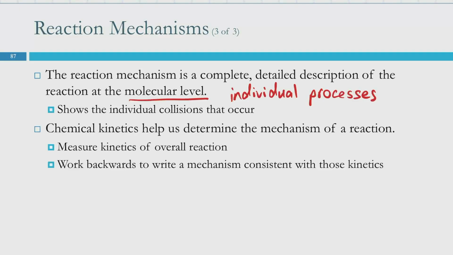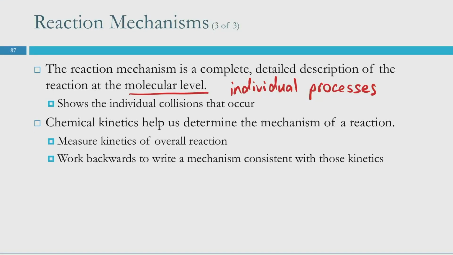And kinetics can help us determine the mechanism of the reaction. For example, we might measure the kinetics of the overall reaction. That can give us some help. And once we have that overall reaction kinetics figured out, we can start to play around with some ideas about how we might write a mechanism that's consistent with those kinetics.